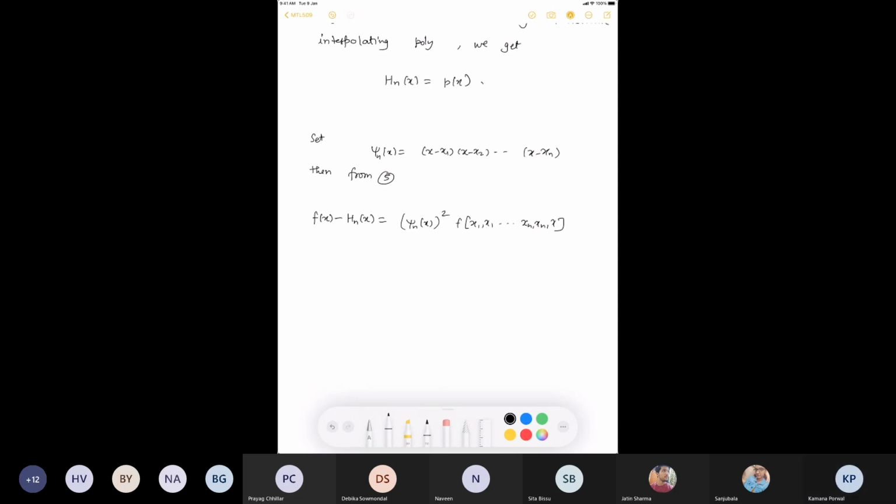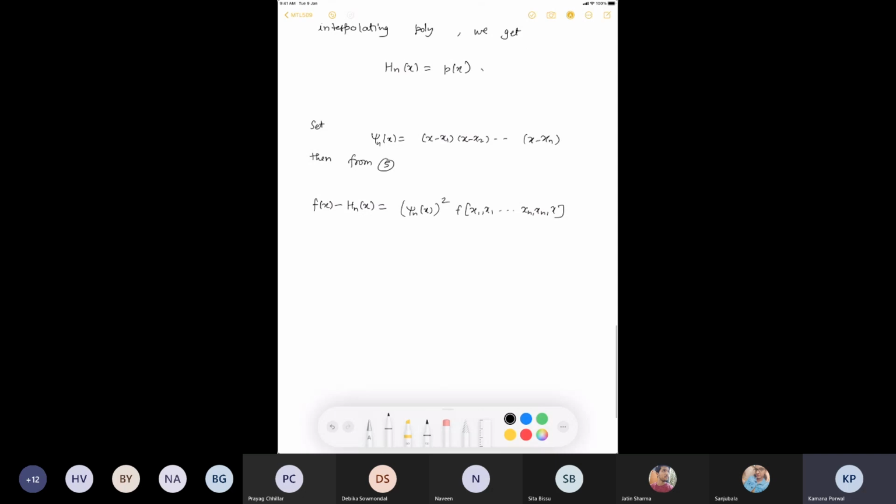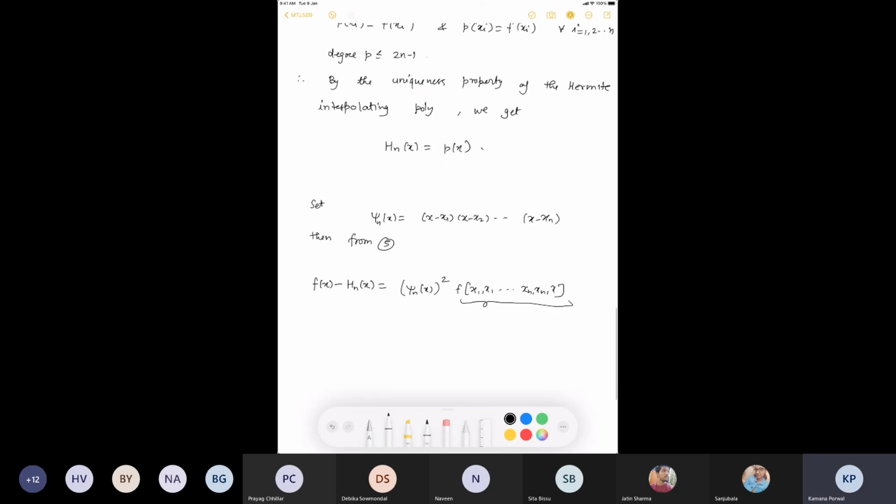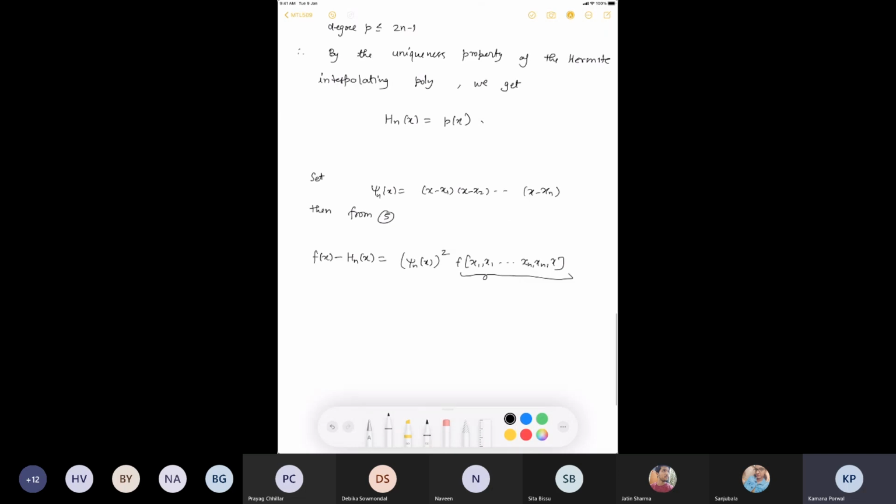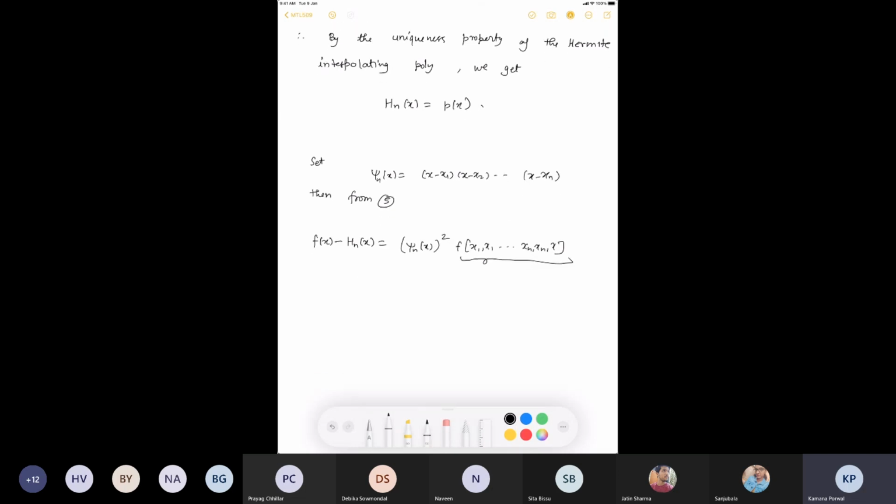Okay. So now we know that there's a relation between the divided differences and the derivatives. So the one assumption which we are carrying always, that f is sufficiently smooth, which means, what is the smoothness we require here?